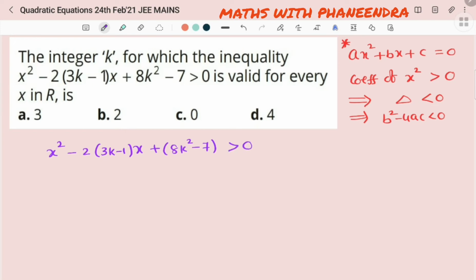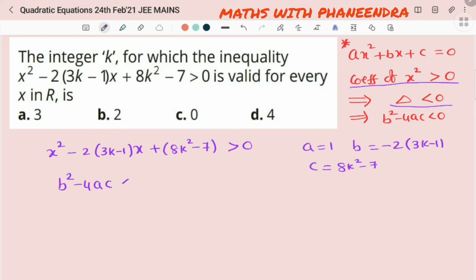Here a = 1, b = −2(3k − 1), and c = 8k² − 7. So the x² coefficient is greater than 0, so the discriminant should be less than 0. So b² − 4ac is less than 0.